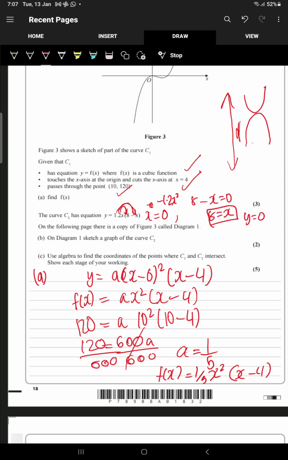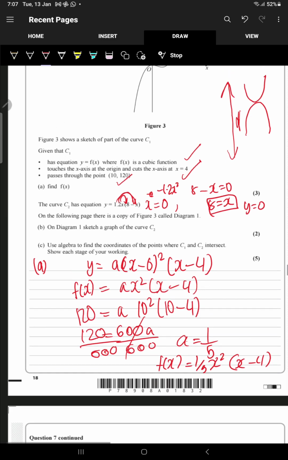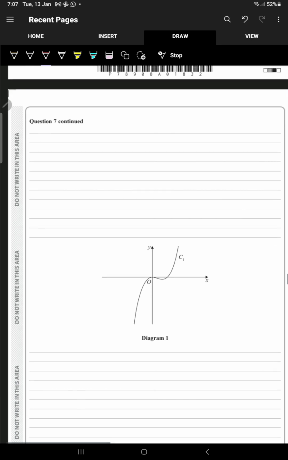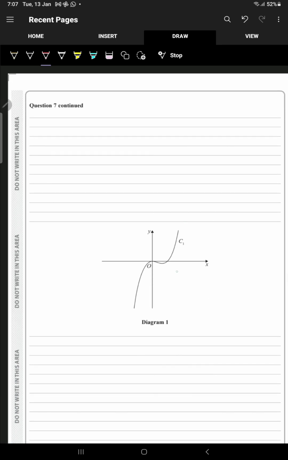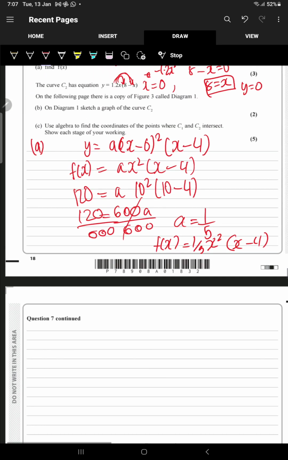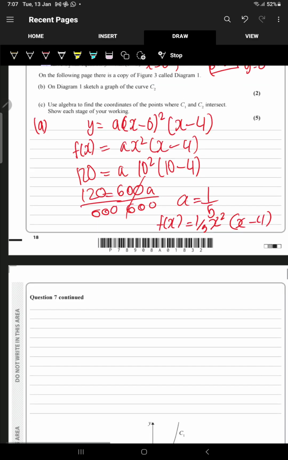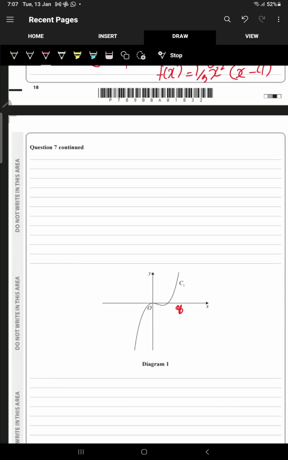So we have x equals 0 and x equals 8 as the x-intercepts, so we draw a graph like that. And let's label the graph.